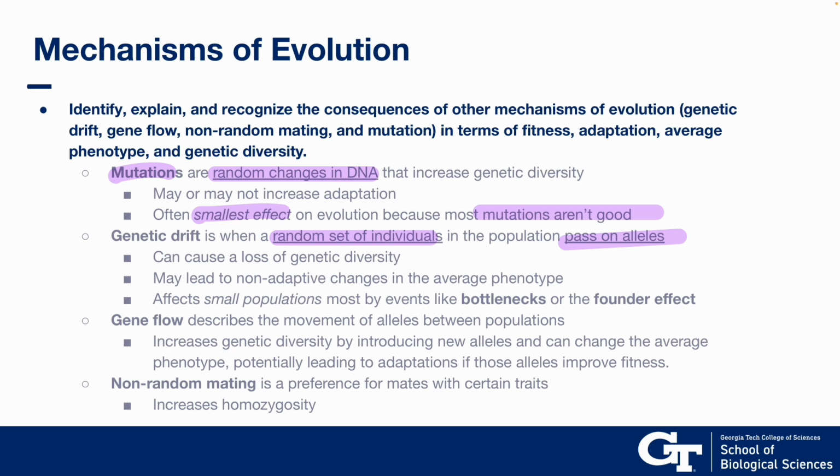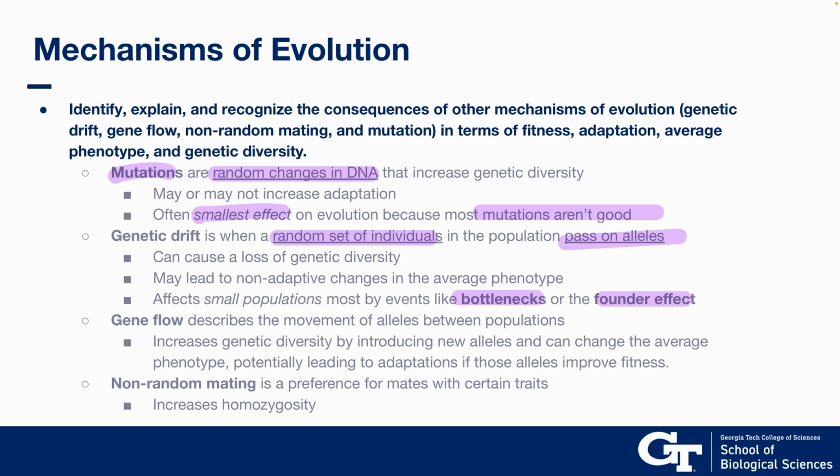It's mainly caused by either bottlenecks or the founder effect, where we have a limiting event happen, right? So these individuals, by complete random chance, are passing on their traits to the next generation. So again, random passing of traits by individuals in a population.